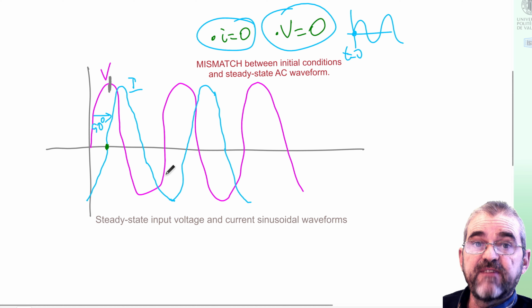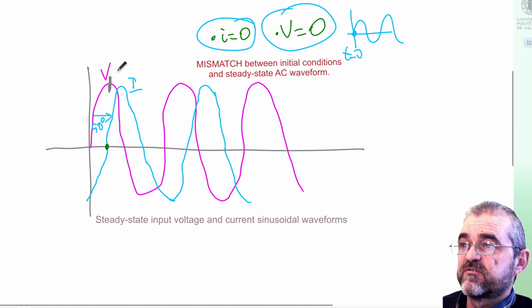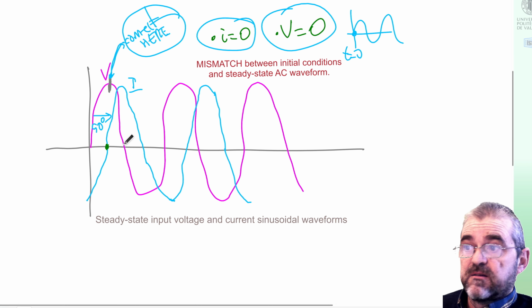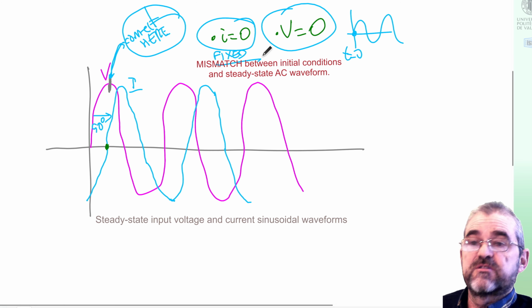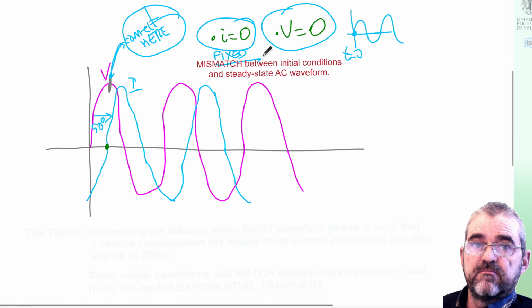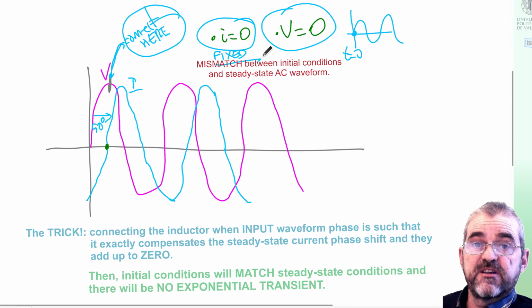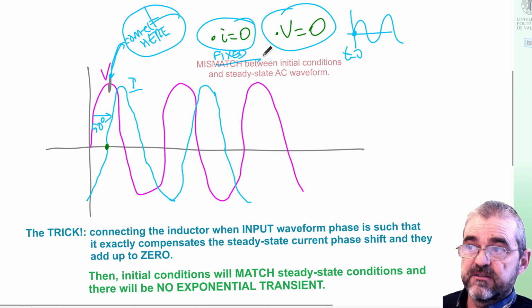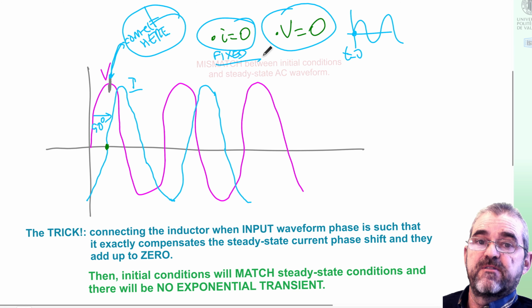But if I can time the moment of connection so that the initial current, okay, that's fixed, I cannot change that because my transformer was previously disconnected, but if the phase of the voltage wave is the right one to match the 0 crossing point of the current, then I will start spot on the steady state sinusoidal regime.